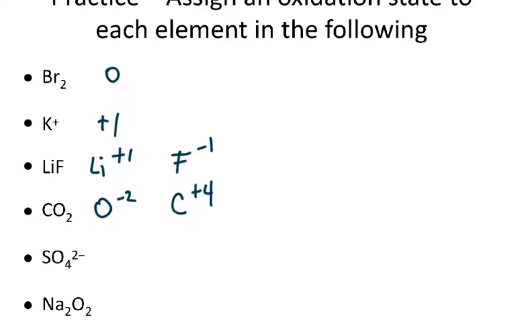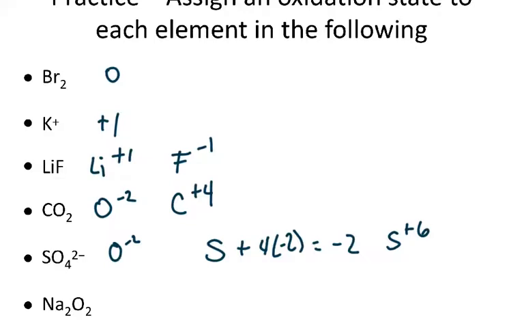Here our oxygen is again assigned a -2. Our sulfur, we know that whatever our charge on sulfur plus 4 times our -2 has to add up to -2, which means our sulfur is going to be a +6 charge, or oxidation state.